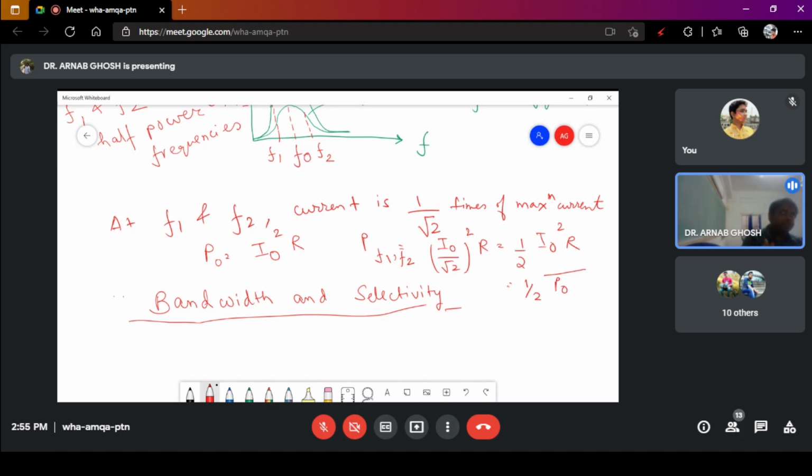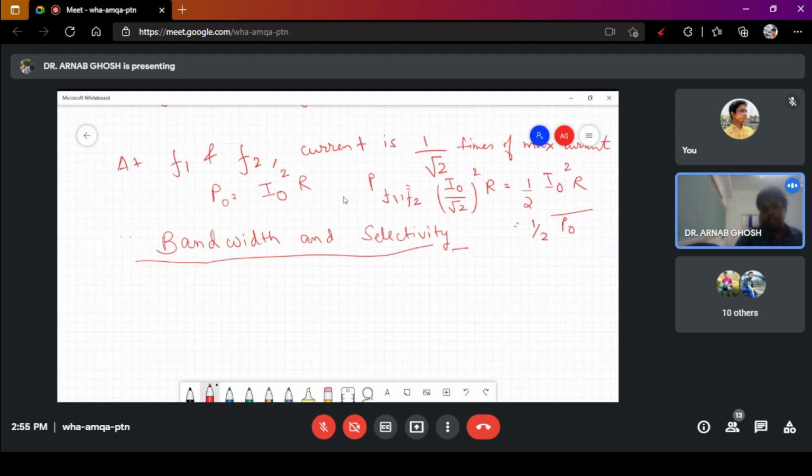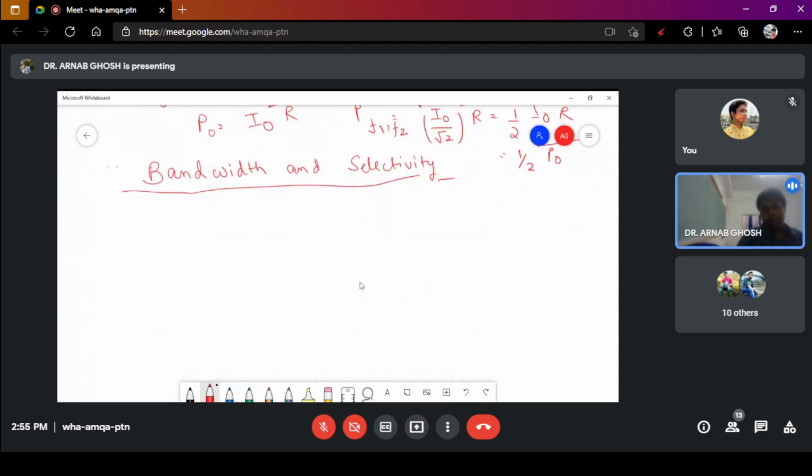At small values of resistance, F1 and F2 will be close to the resonant frequency, and you have two frequency points on the curve where the power in the circuit is half of the maximum power. Now I will go back to the previous point.